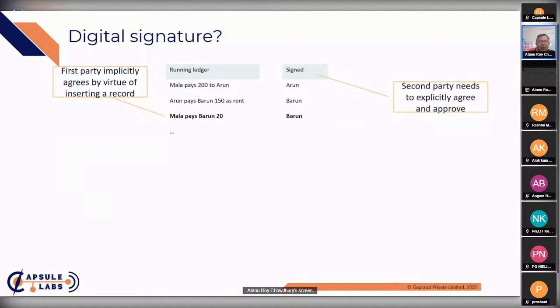So the first part is somehow implicitly agreeing by virtue of inserting a record. Now, the second party in this transaction needs to explicitly agree and approve that that is the transaction they were a part of, right? How do we solve this problem?